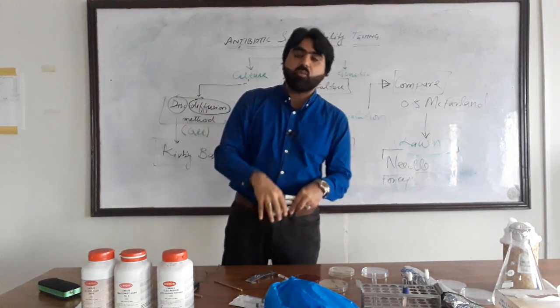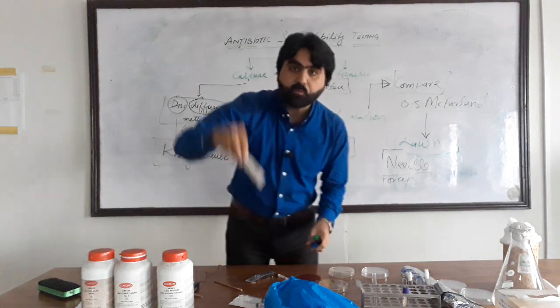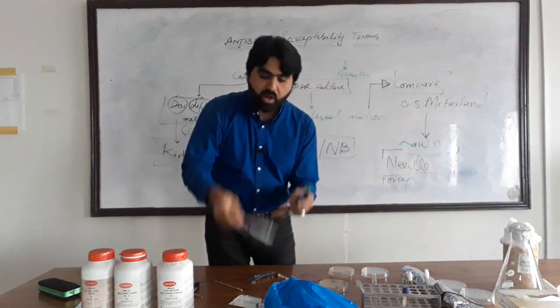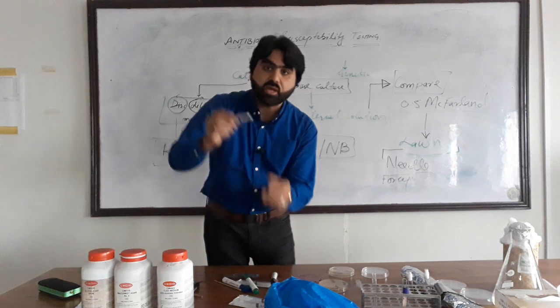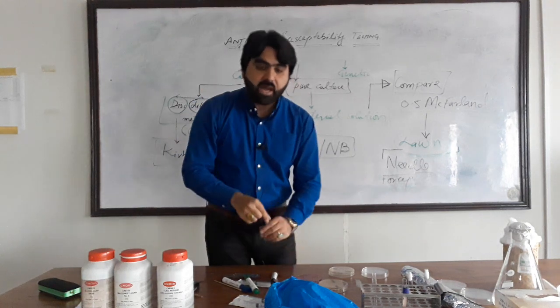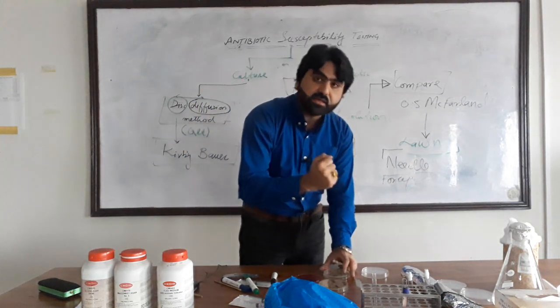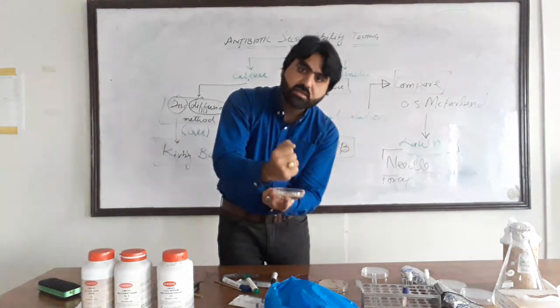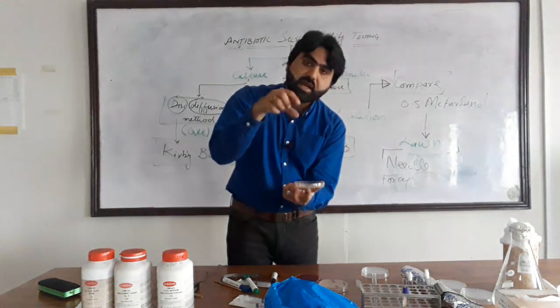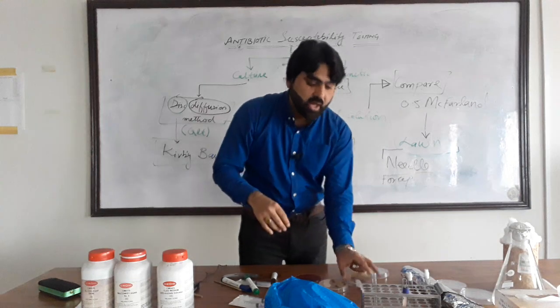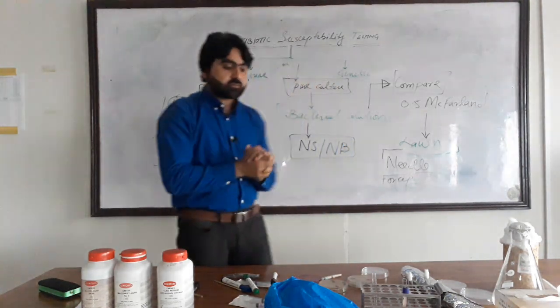There are semi-automated dispensers where you can put these antibiotic discs, and then you will have to press the dispenser on the plate. In this way, you can place the antibiotic disc on the surface of the Mueller-Hinton agar.